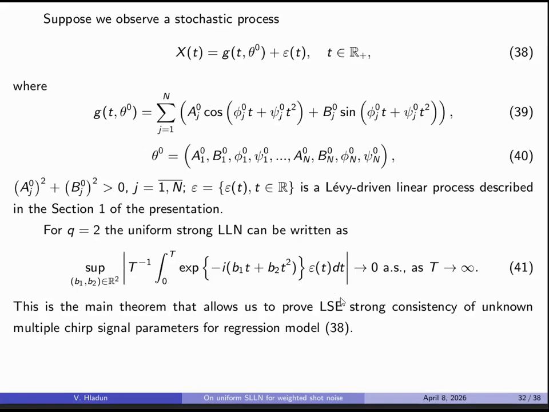Say it again, please. It's something important, I believe. The asymptotic Gaussian distributions for periodogram type estimates have a non-zero limit as T tends to infinity.